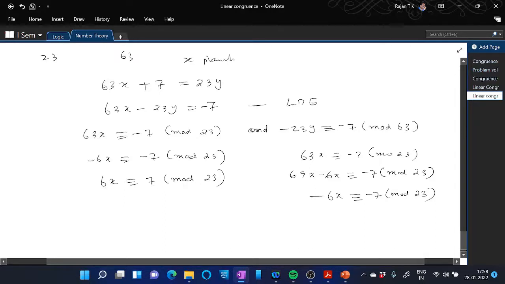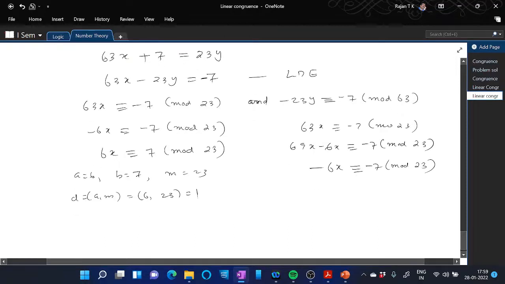Here a is 6, b is 7, m is 23. d equals gcd(6, 23) equals 1, which clearly divides 7, therefore there is one incongruent solution for 6x congruent to 7 mod 23.